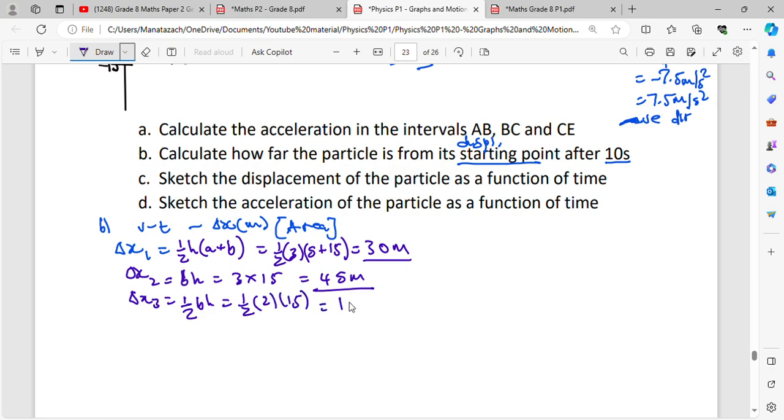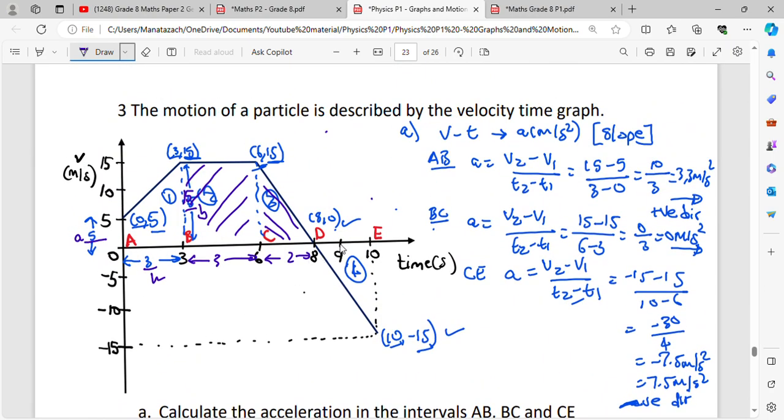So we're going to have 15 meters. Then let's calculate the final area, which is going to be this one here. The base is 10 minus 8, which is 2. The height is minus 15.